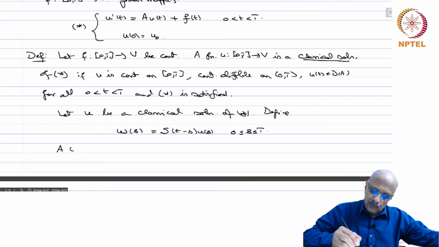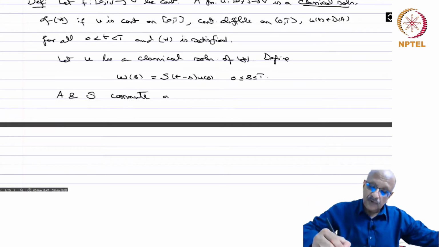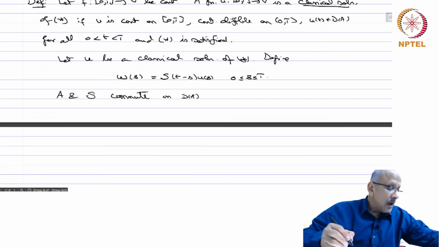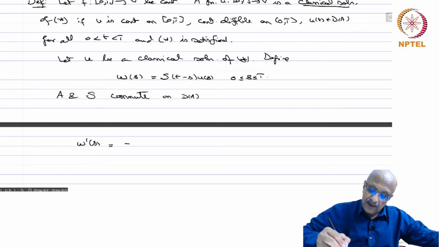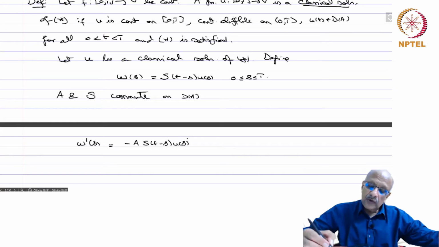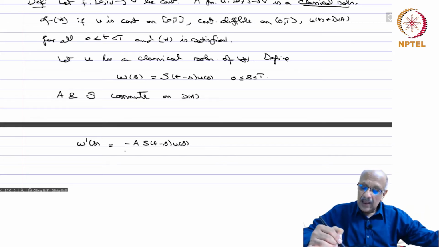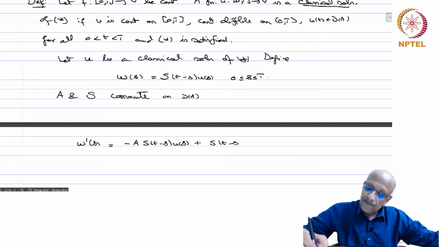Now, A and S commute, we know, on D(A) of course. Therefore we have W'(s) equal to minus A S(t-s) u(s), since u is in D(A). When you differentiate this, you get minus A S(t-s) u(s). A will come here, but then A and S commute. Plus S(t-s) u'(s).